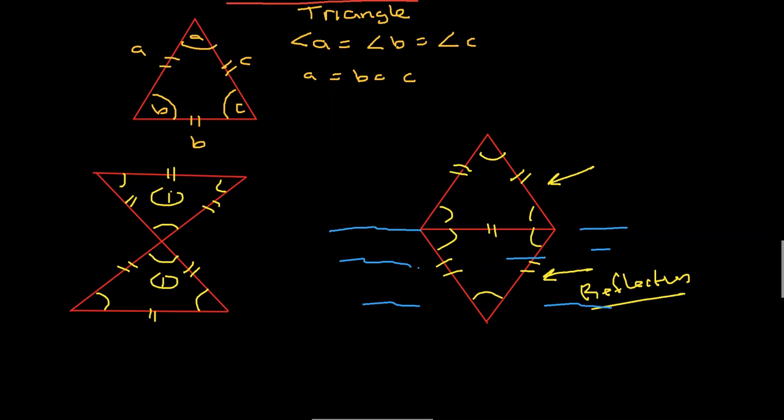So imagine you could have like a bank like so, and you have water. Okay, so you have this triangle on the bank, looking at its reflection in a river as well.